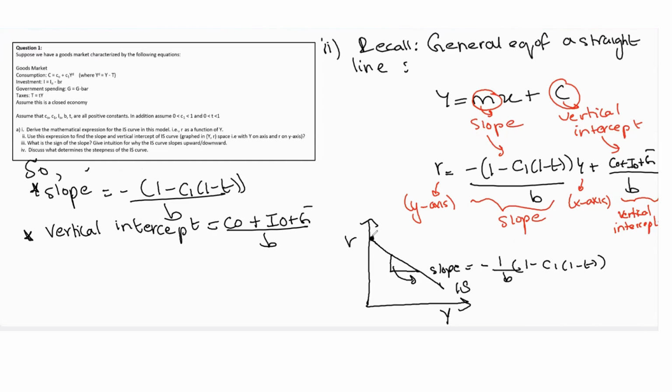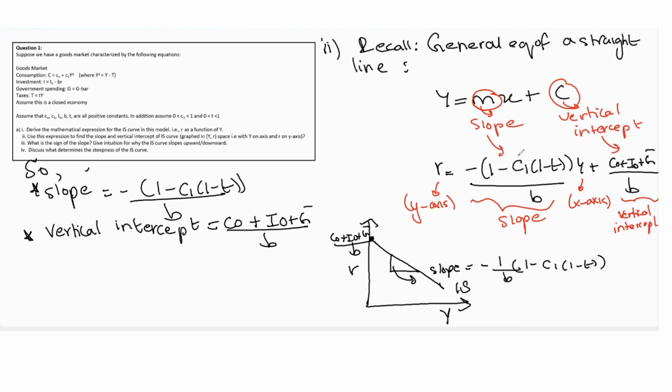And the vertical intercept is C naught plus I naught plus G bar divided by B, so it's this value over here.